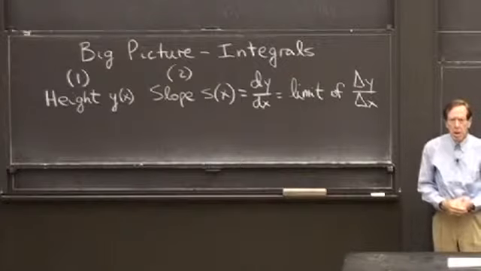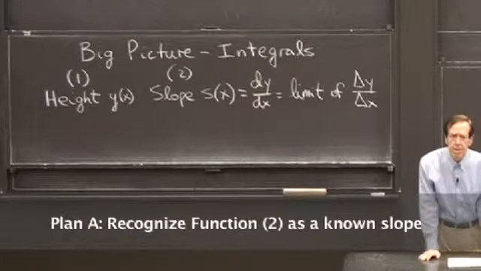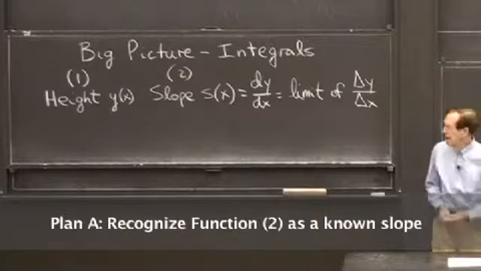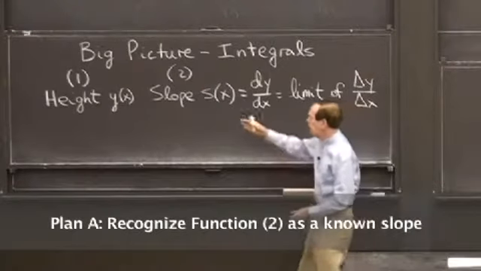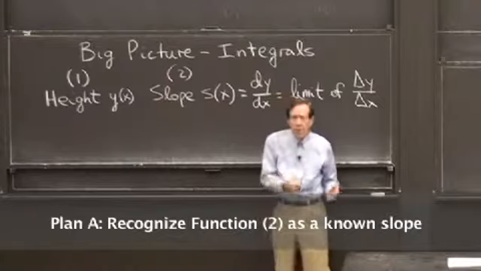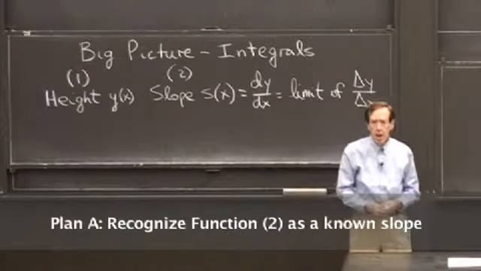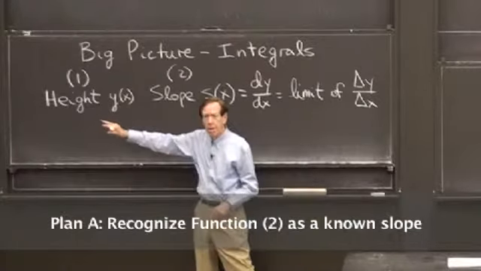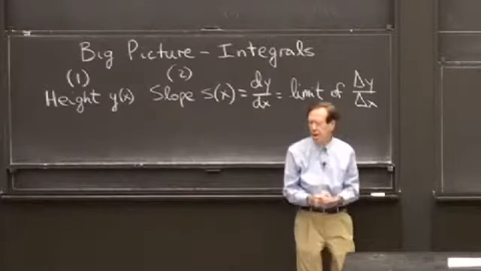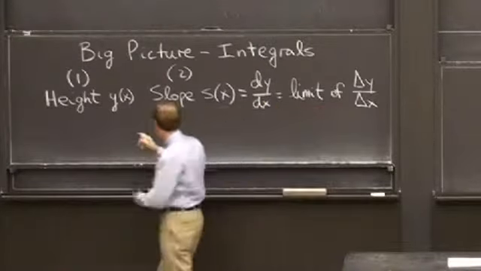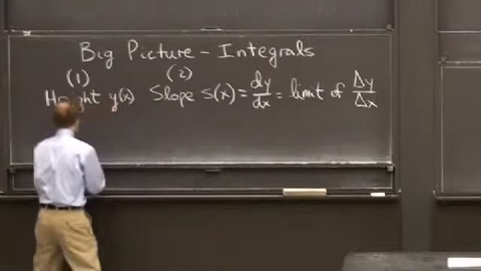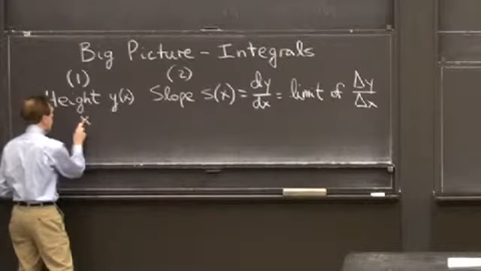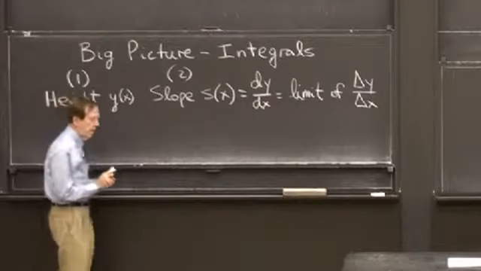Okay, the easiest way to do it when it works is to recognize, if we're given a formula for the slope, maybe we know a height that goes with it. Let me take an example. The most important case of a height is x to some power, x to the nth.